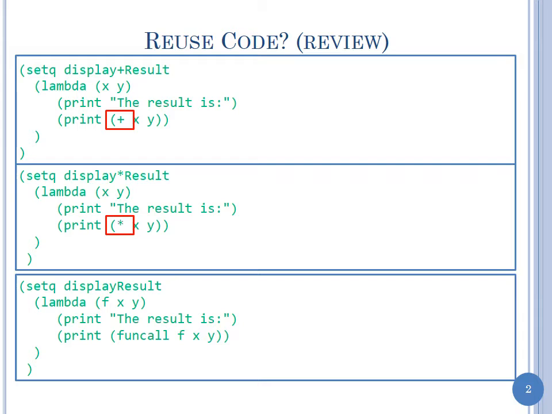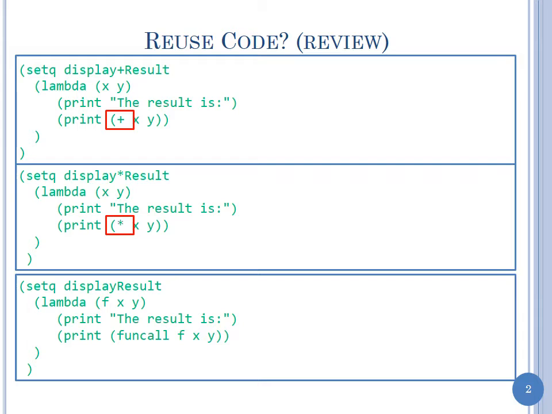In one case, it says the result is of plus xy. In the other case, it says the result is of star. So we defined a new display result that took the operator as an argument, and we said, okay, we'll just do print FUNCALL fxy.